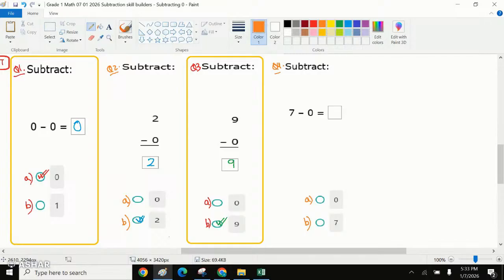So if you had 7 of something, let's suppose you had $7, and you did not spend anything. 0 means nothing, right? So you did not spend anything. How much money would you be left with at the end of the day? 7 minus 0. Or you had 7 candies, you did not eat any.